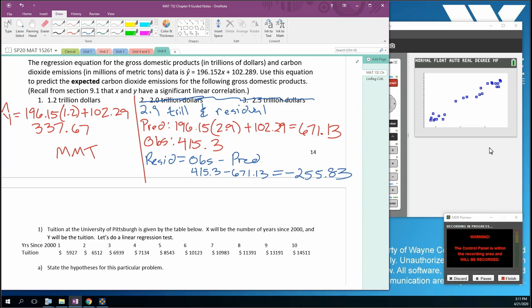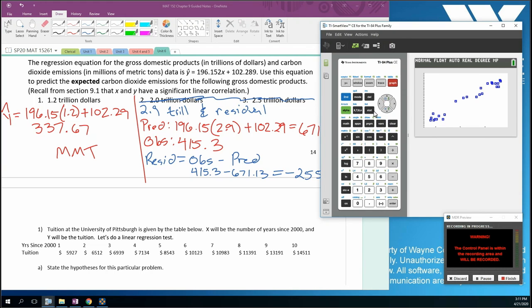Now, we're going to use the calculator. I'm going to do the linear regression on L1 and L2 for the CO2 data, and I'm going to store this linear regression equation to Y1. So we store that and calculate it.